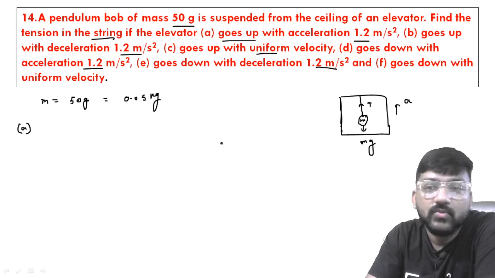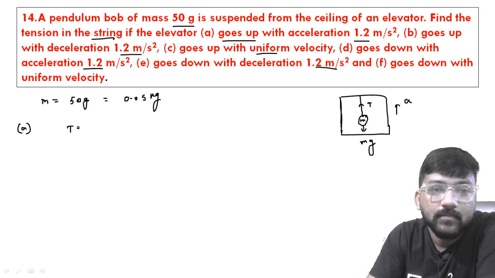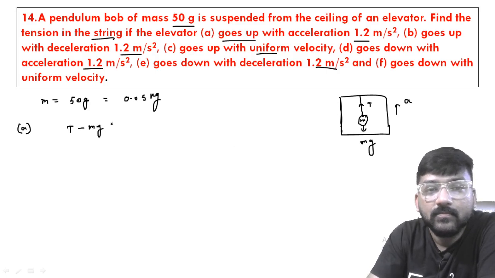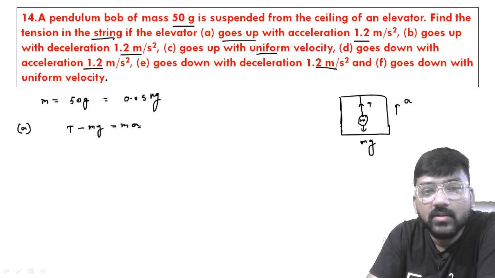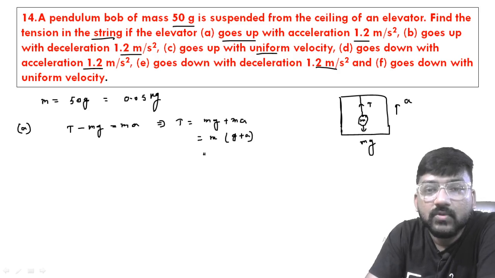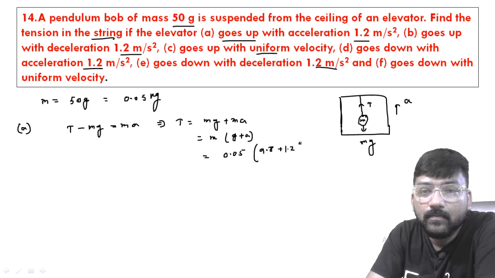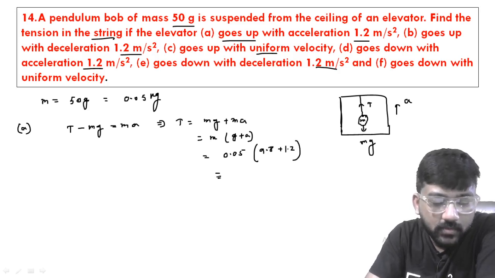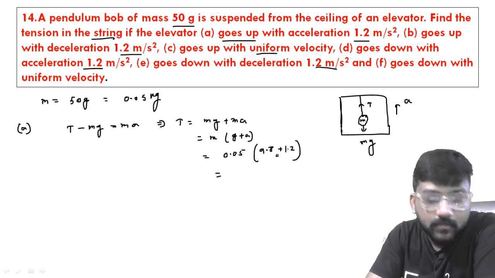So what will be the equation of motion? T minus mg is equal to ma. That means T is equal to mg plus ma, that is m into g plus a. M is 0.05, g we can take 9.8 plus 1.2, that means 0.05 into 11.2.